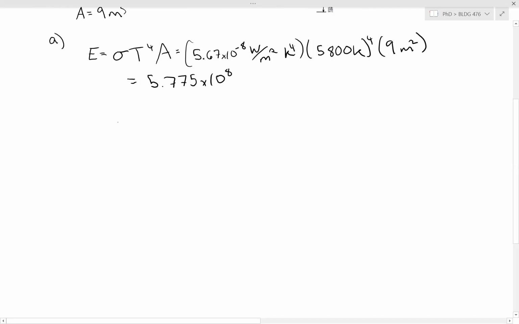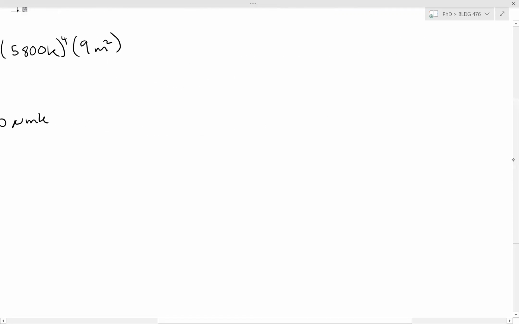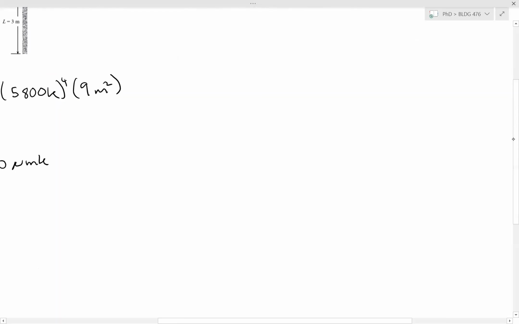So for the fraction between 0.3 and 3, we first find lambda T1. This gives us 1740 micrometer Kelvin. I'm just going to go to the chart this one time so we can see what we're doing.